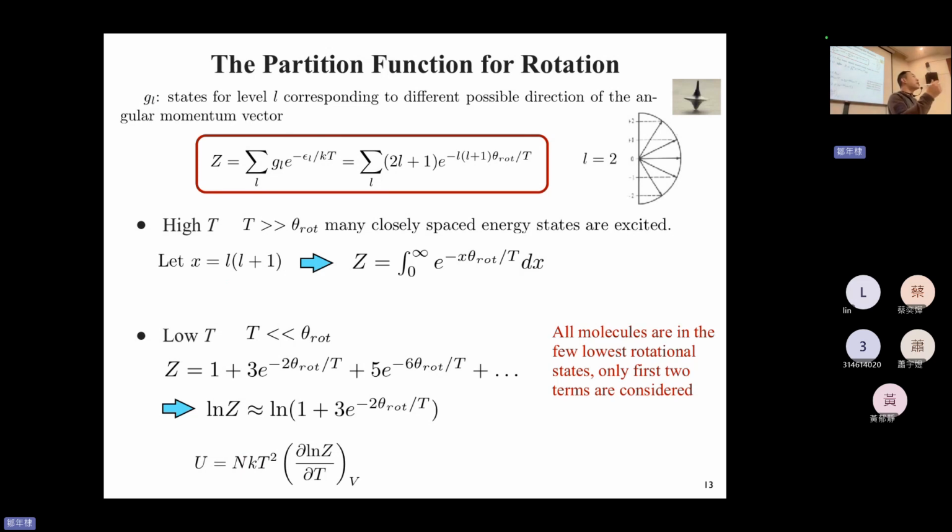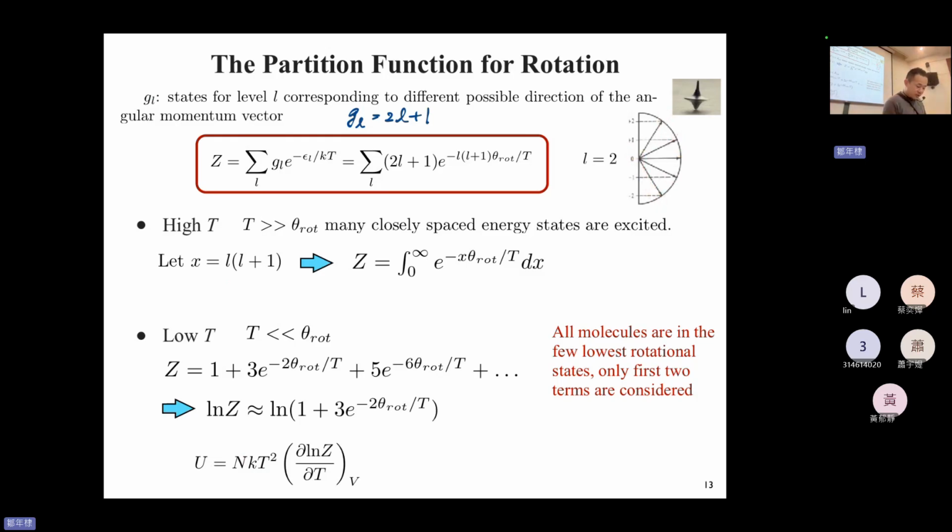Quantum mechanics solved that GL equals 2L plus 1. So if you have L equal to 2, you have 2 times 2 is 4, 4 plus 1 is 5. So you have 5 degeneracy at L equal to 2. 1, 2, 3, 4, 5.